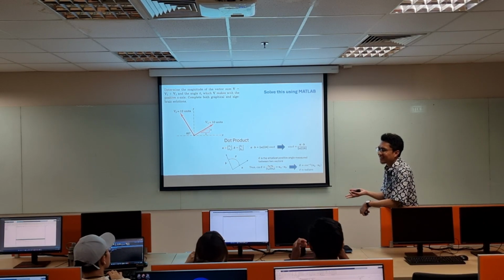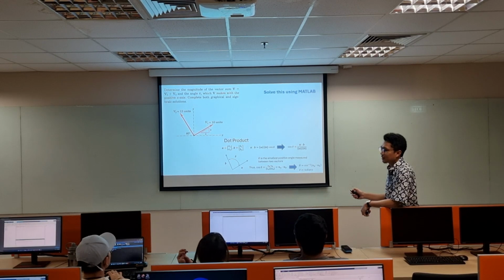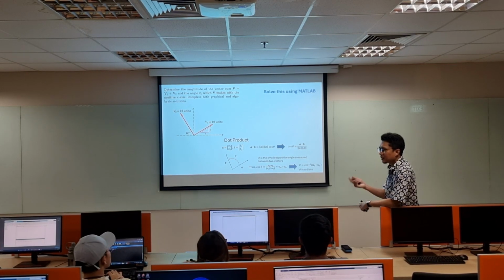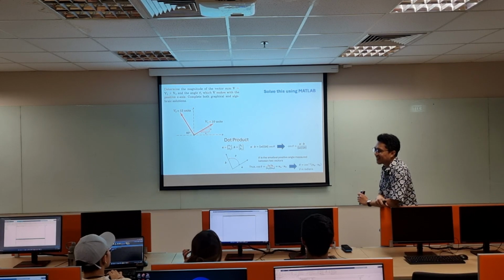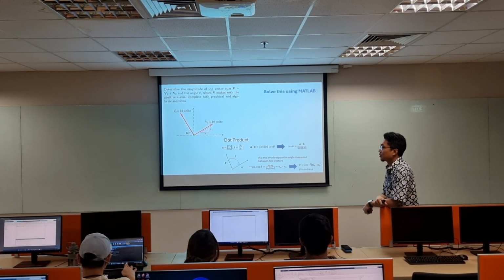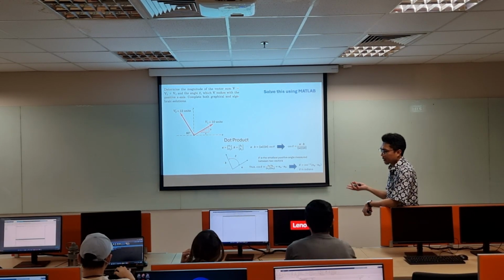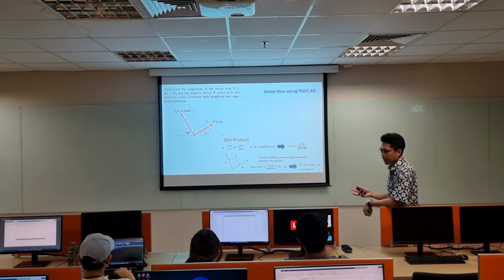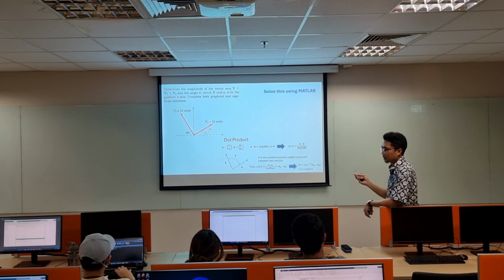After that, we are asked to find the sum, not the resultant, but the factor sum. Resultant and factor sum, don't mix them up. Your job here is just to add up the two factors. You have two factors, you add up the two factors.